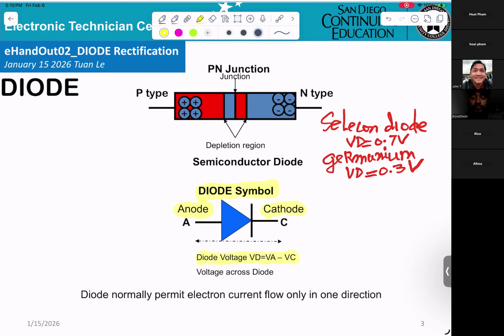Diode normally permits electron current flow only in one direction.